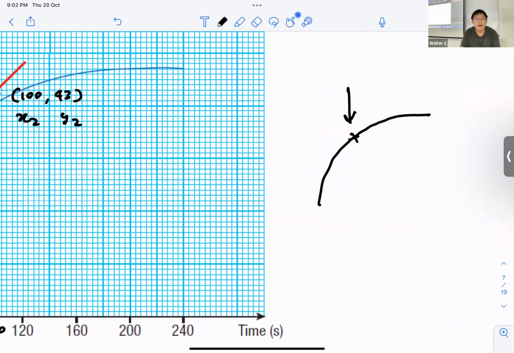But you see, the curve itself is not a straight line. We cannot get the gradient of other points of the graph. We just want the gradient for this part over here. But you can't calculate gradient based on one single point on the curve. So that's why we draw a straight line across, so that we know the gradient for this part to this part over here, a very small section only.